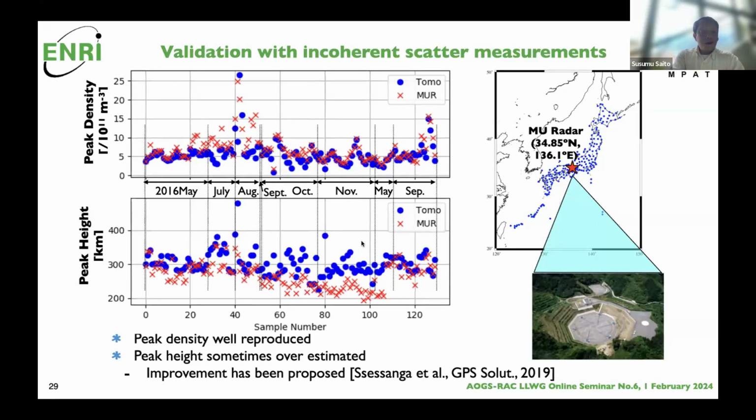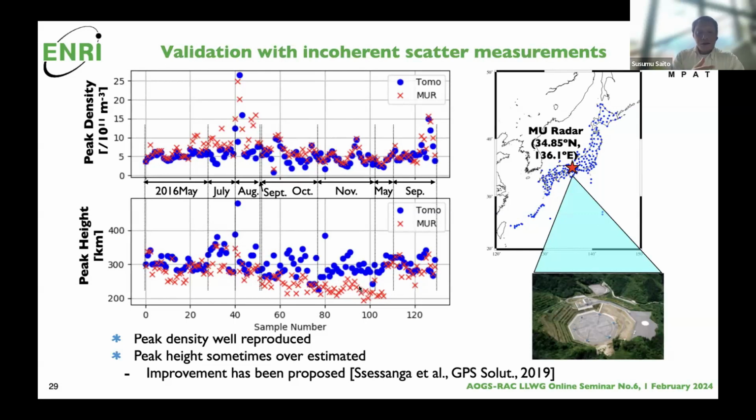And the bottom panel shows the peak height, and we see that when the ionosphere peak height is higher than a certain level, tomography can reproduce the peak height quite well. But when the peak height goes down, the tomography couldn't follow the peak height.